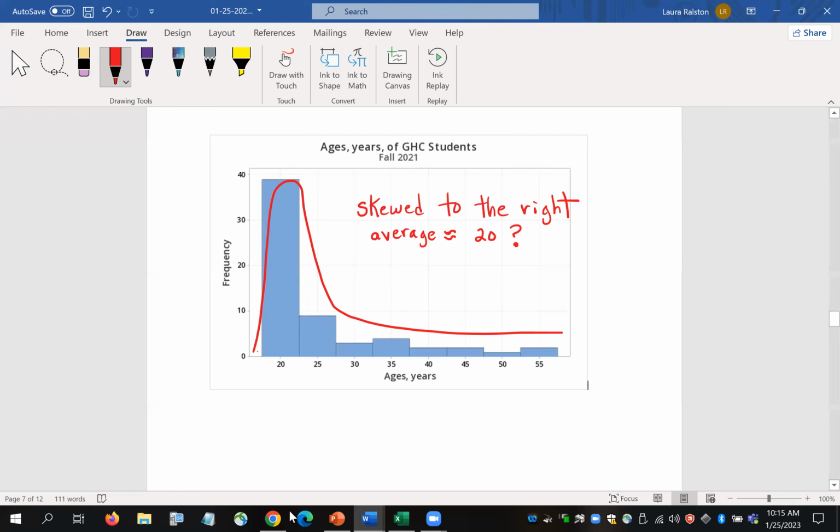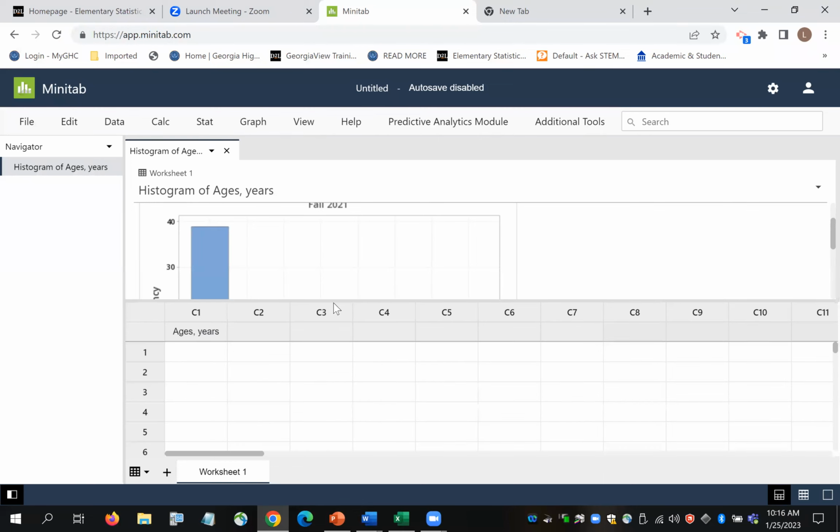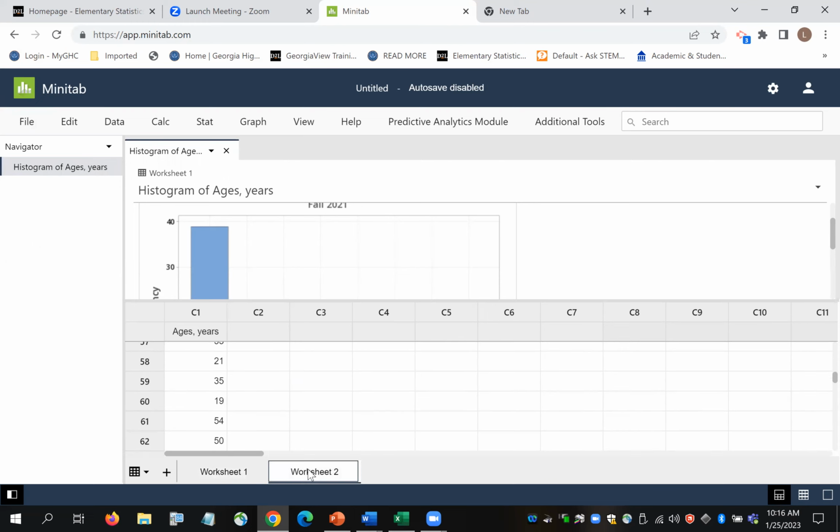Okay. The other thing that I want to show you, because you're going to need to do this for class participation 5 and for other assignments throughout the semester. And I want to go to a different worksheet. I don't want to lose this one. Okay, so I still have worksheet 1, worksheet 2.